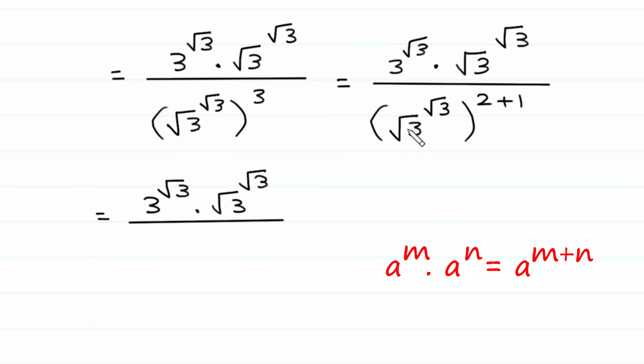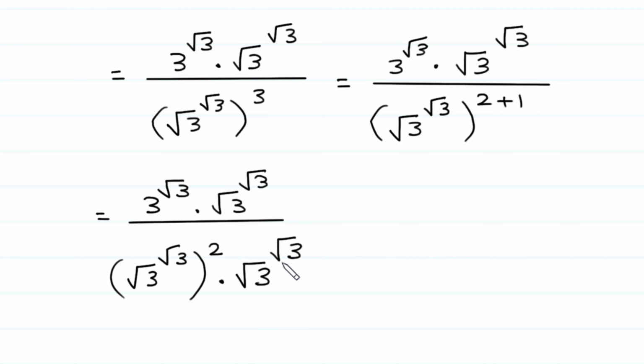According to this rule, this square root of 3 to the power square root of 3 to the whole power 2 plus 1 can be written as square root of 3 to the power square root of 3 to the whole power 2 times square root of 3 to the power square root of 3.